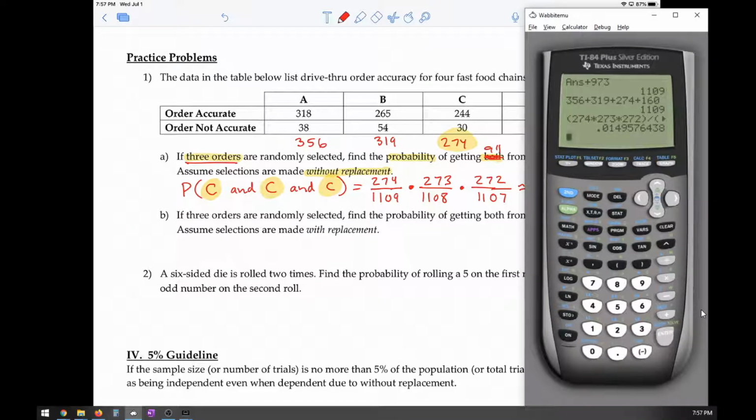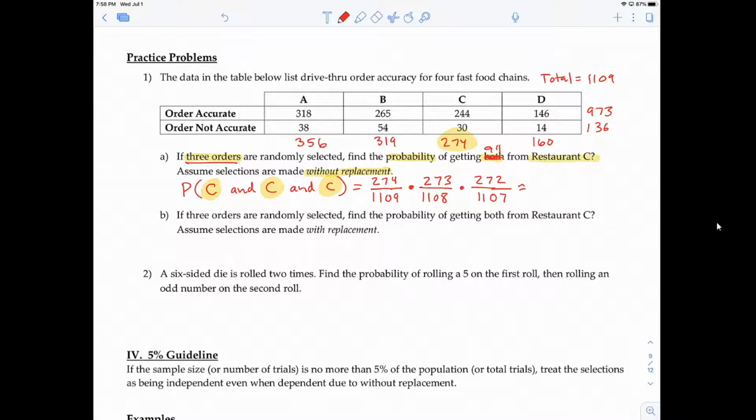So rounding to 4 decimal places, the 4th decimal place is the 9 here, and the 5 here is going to increase the 9 to a 10, so that's going to be a 0 here, and we're going to carry the 1 to the next place value, so we're going to get 0.0150. All right, so that's going to be 0.0150.